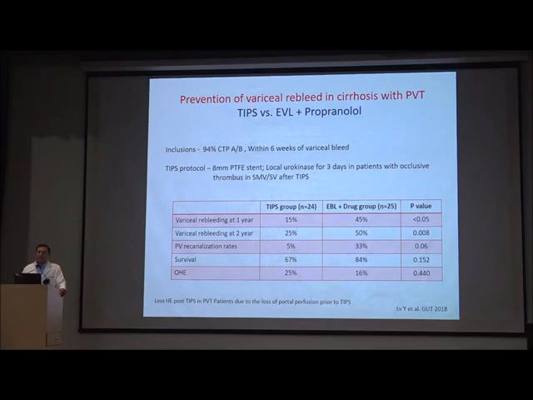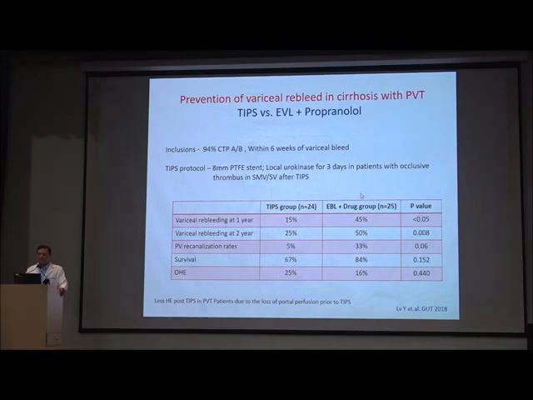Now, is TIPS better, or is repeated EVL plus propranolol better? This randomized study was done in 2018 for preventing variceal rebleeding in patients with cirrhosis with portal hypertension. They did the TIPS procedure within 6 weeks of variceal bleeding and used an 8 mm stent, and local urokinase was given for 3 days in patients with occlusive PVT extending to the SMV and the splenic vein.